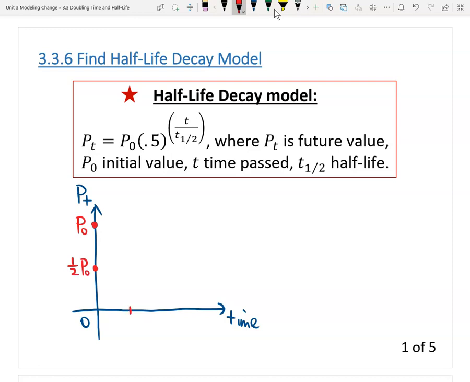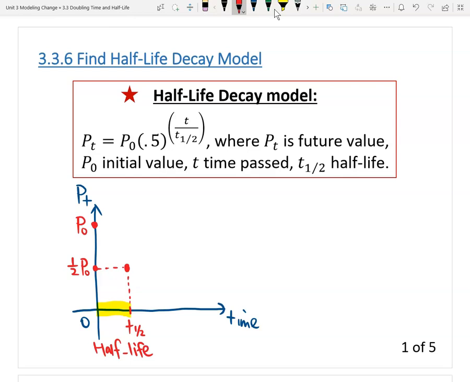Let me highlight from the initial time to this point, where the value goes down to half, which means we have a point. This is the real point at the first time. Let me define it. This is T 1/2, which is the half-life.